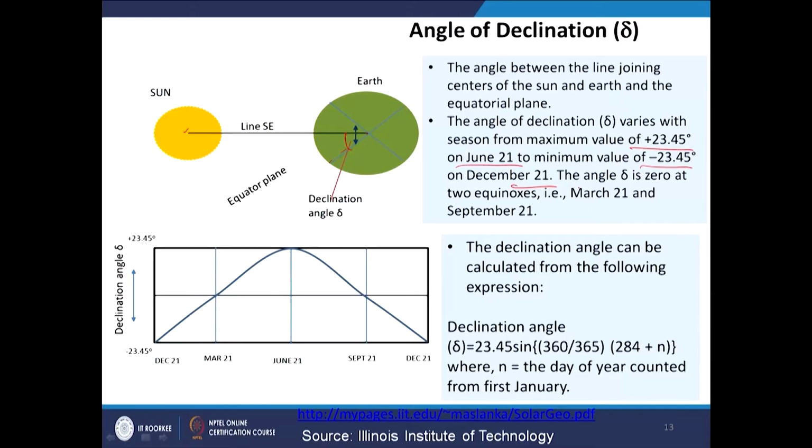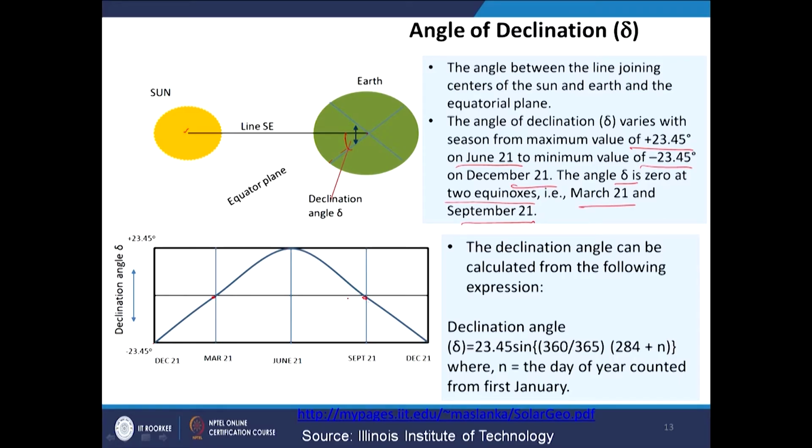At the two equinoxes, that is March 21 and September 21, the del value is 0. So, here this is 21st December and here we are getting 21st June, and these are our 0 values, the 2 equinoxes.